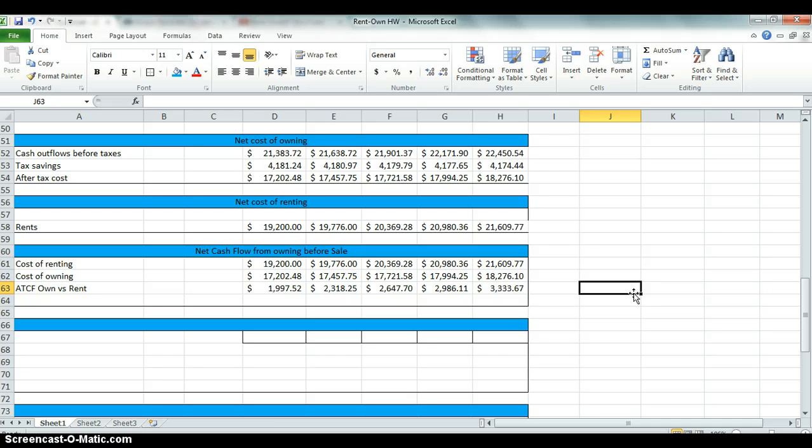However, we still have to consider the down payment that we have made, and if we are going to be able to recuperate that money after we either sell it or we have kept the house for a certain period of time. So we're going to go ahead and build a before tax cash flow sale.